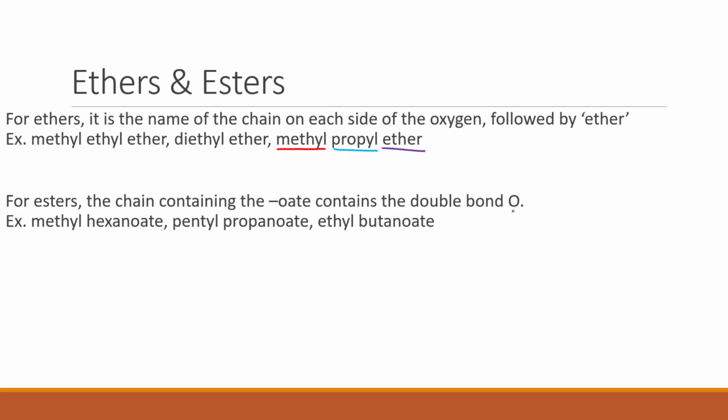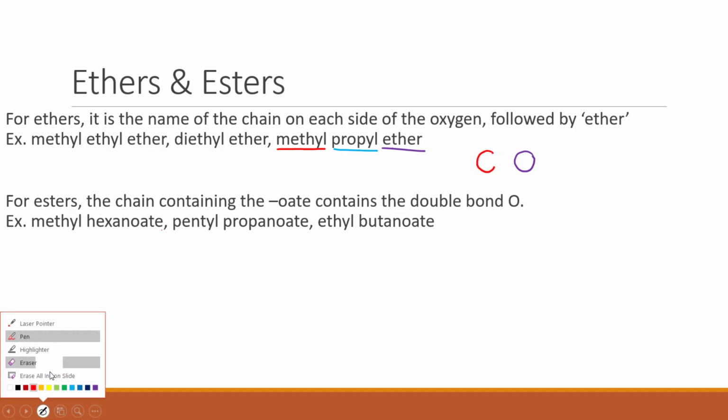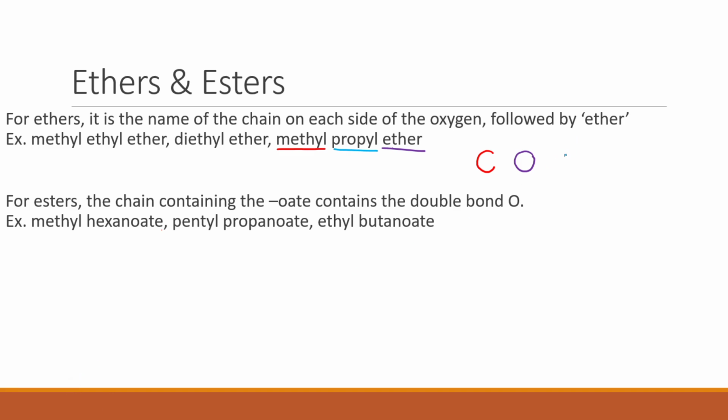All right, so the ether is the O, always. Methyl is going to be our single carbon branch, and propyl is going to be 3 carbons linked together.